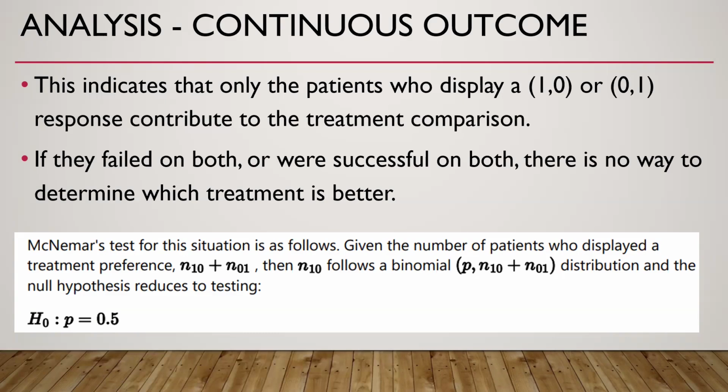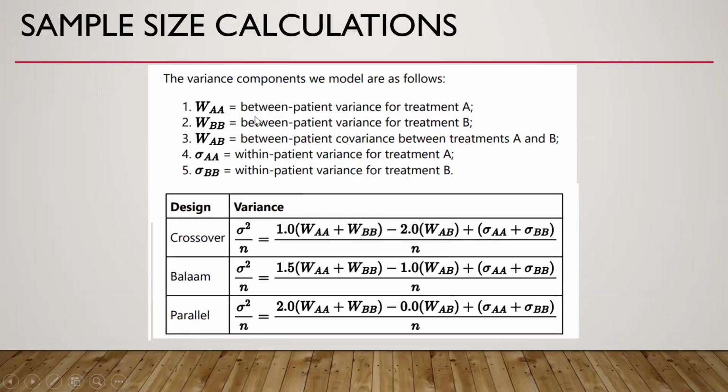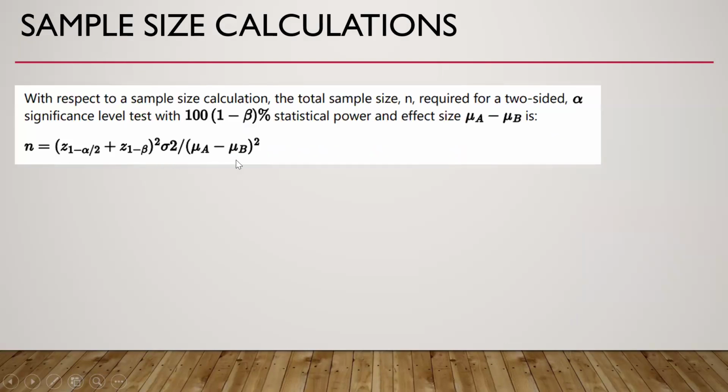So only those individuals who display the result as 1-0 or 0-1 affect the results. And we can use the McNemar test also. I will show you with an example later on. This is the bioequivalence design, and this is for sample size calculation. This is how we calculate the sample size.